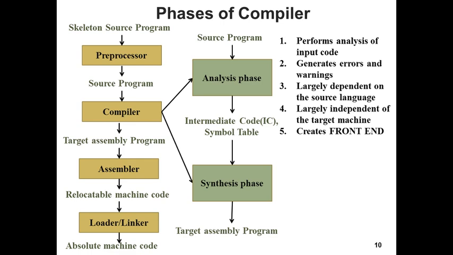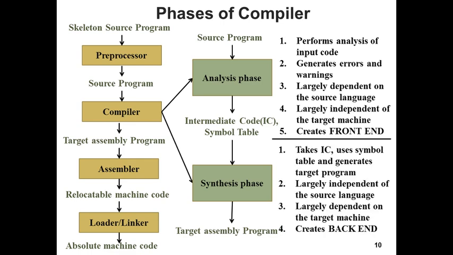However, it is largely independent of the target machine. This intermediate code is also independent of the target machine, and hence it creates the front end part of compiler design.